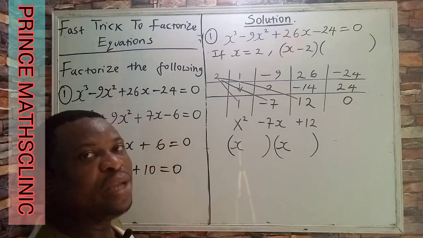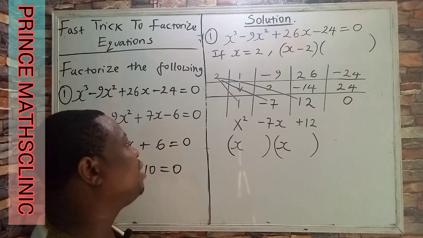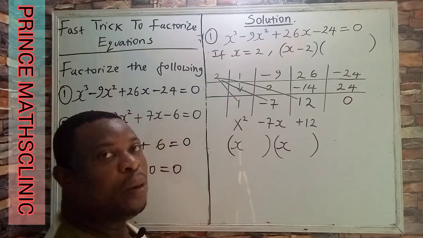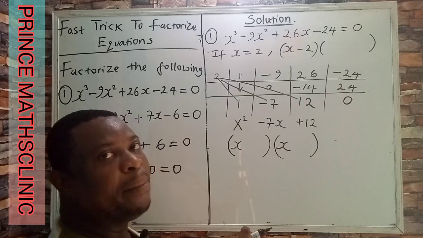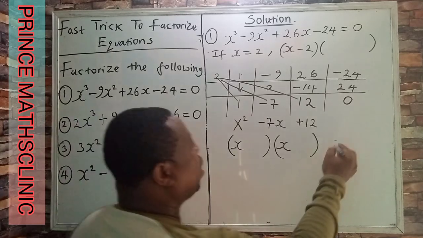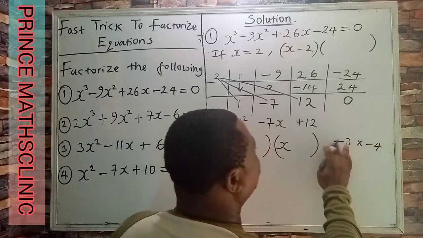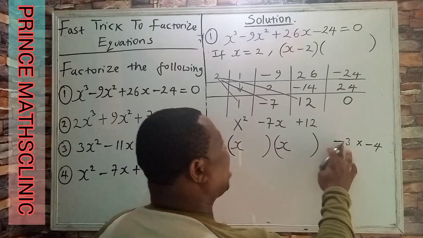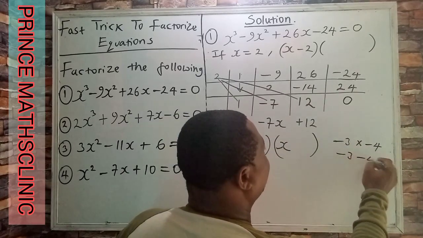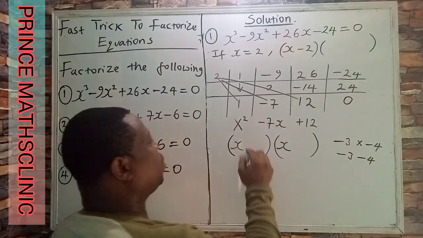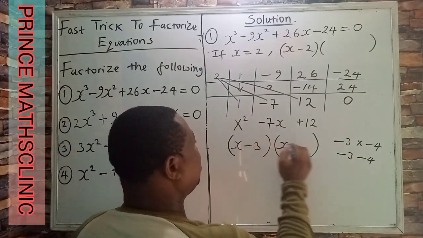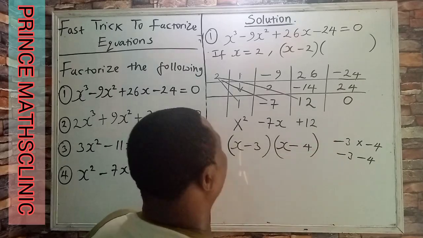The numbers are simply minus 3 and minus 4. If you multiply minus 3 with minus 4, you get positive 12. And when you add minus 3 to minus 4, you get negative 7. So my result here becomes minus 3 and minus 4.